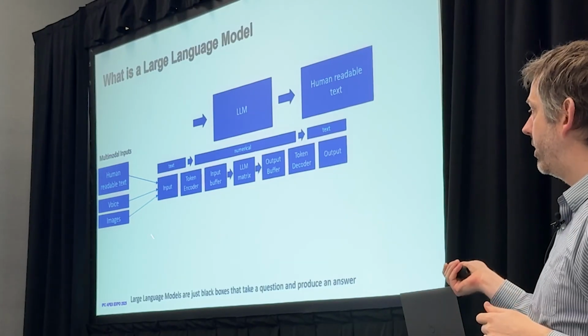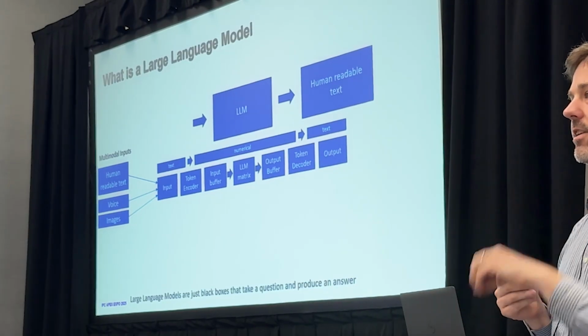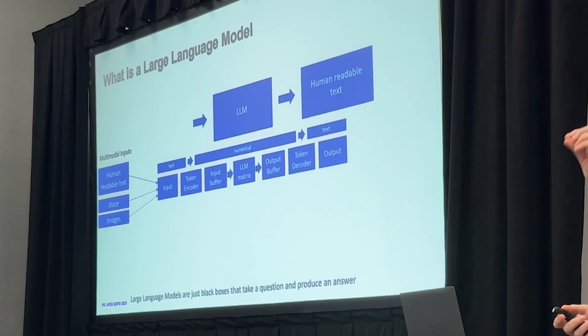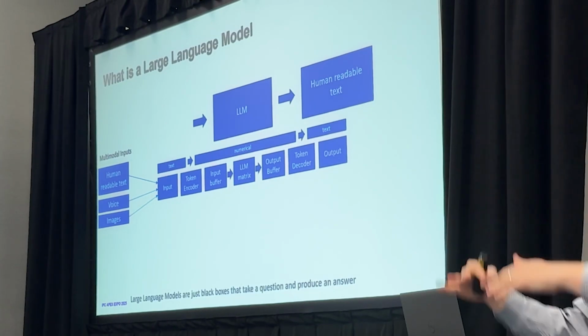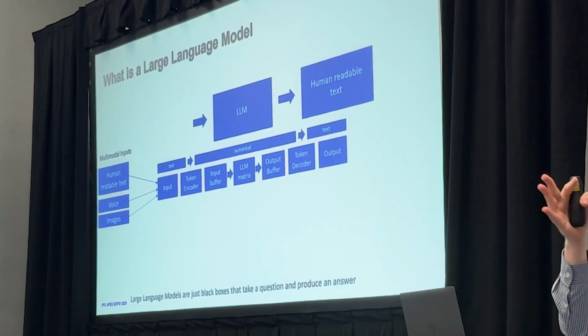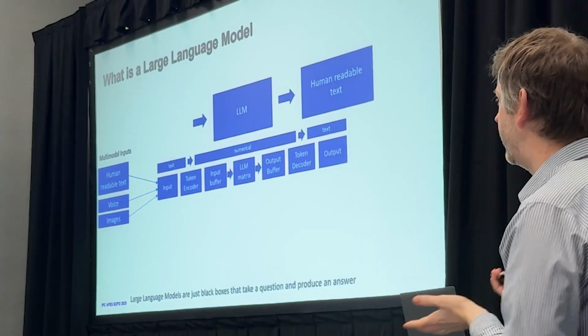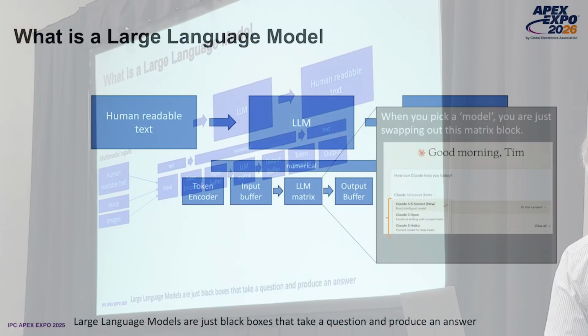Or one of the more interesting ones that I saw is guidance for an operator on how to set up the switches on a particularly complex HMI for setting up a process. You take a picture of it and then give it to the large language model and say, compare these switch positions to what they're supposed to be for this changeover. And it comes back, looks at the pictures, looks at the switches and says, oh, you got this one right, but this one is wrong. This one doesn't match what it's supposed to do. So there are a lot of interesting things that you can do with this little trick.